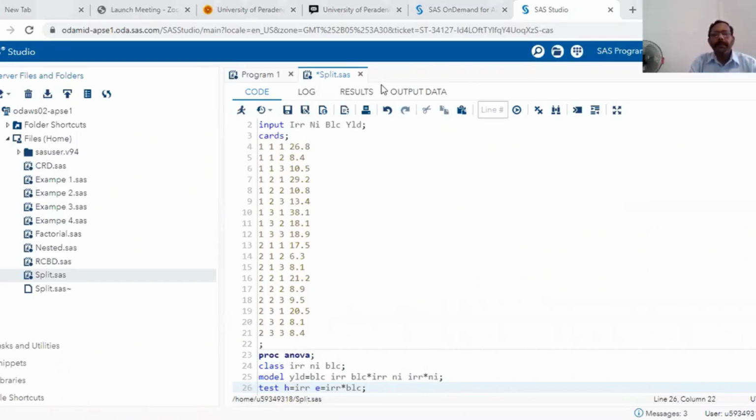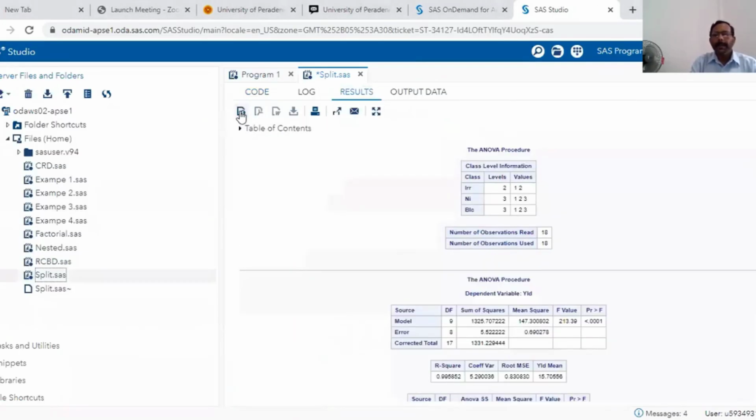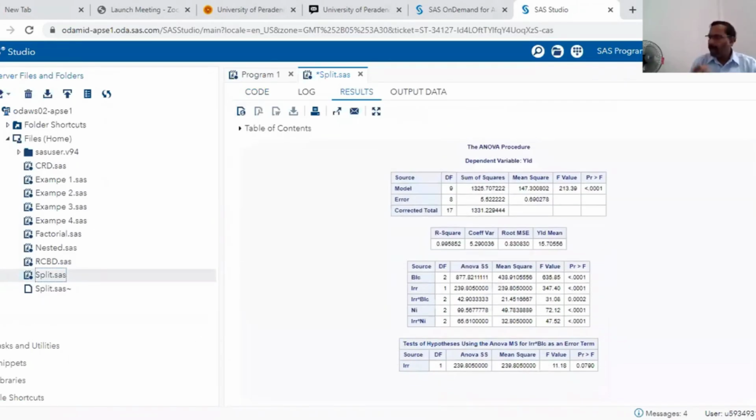Okay. Right. Now we can test. We can run this. Everything is the same. We go to the last box. This is where we test our irrigation. You see irrigation. Our value is, as I said, 11.18.